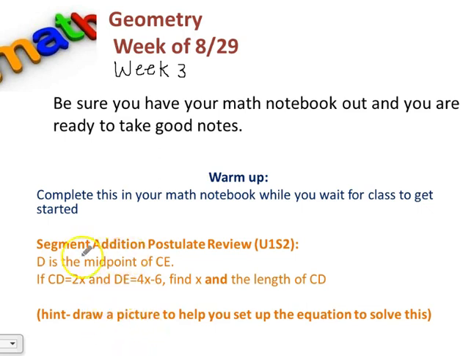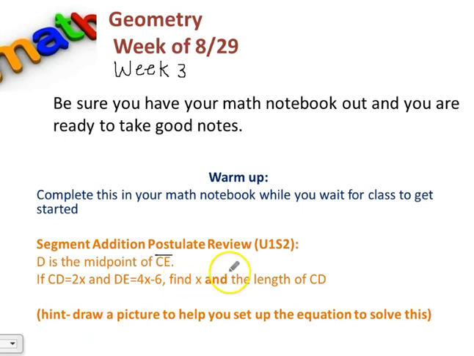So we have point D is the midpoint of segment CE. If segment CD equals 2x and segment DE equals 4x minus 6, I want you to then use that information to find the length.